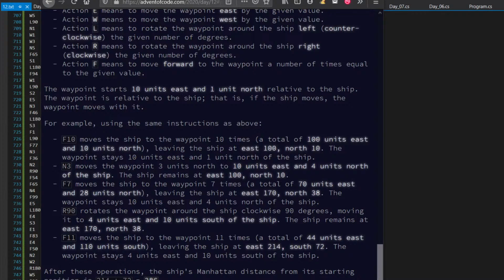So let's see, Google says that a point at angle theta on the circle whose center is x0, y0, and whose radius is r, is x0 plus r cosine theta, y0 plus r sine theta.